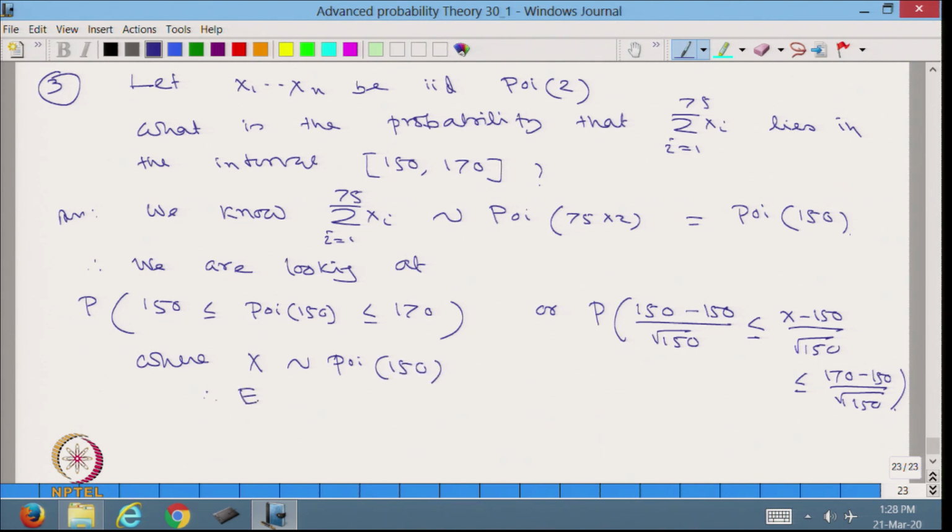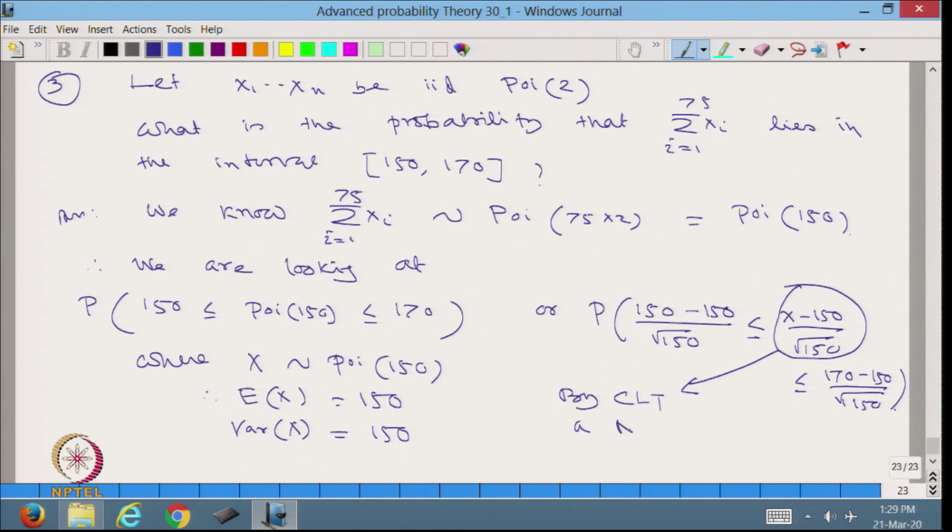Therefore, the expected value of X is 150 and the variance of X is also 150. Therefore, this is by CLT a standard normal variate.